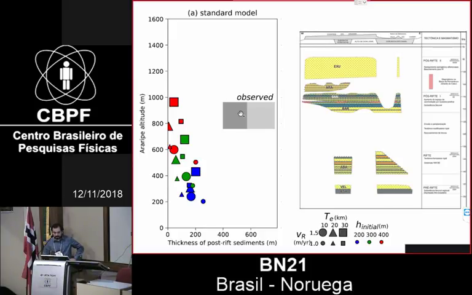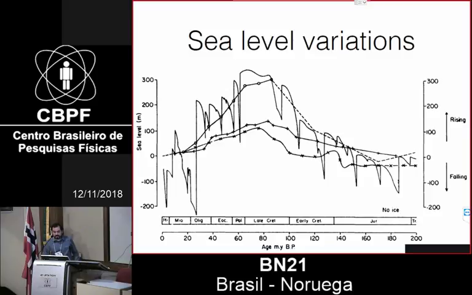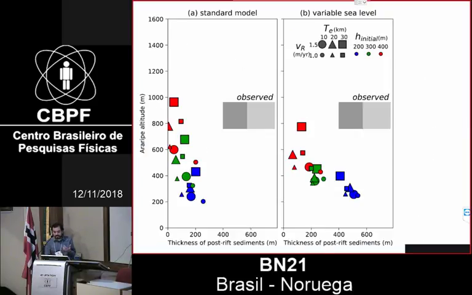In a second set of experiments, I incorporated sea level variations. With sea level variation, I increased the total post-rift sediment preserved in the numerical model close to the observed one, but the height of the plateau is smaller than the observed.